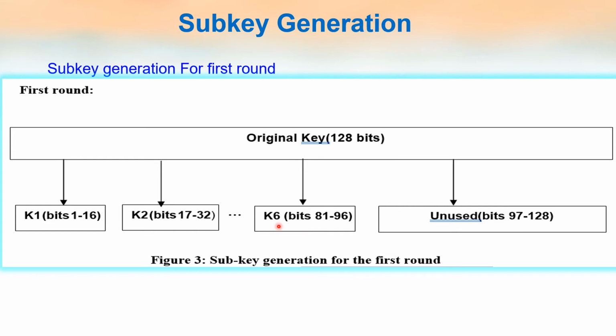So 6 into 16 is 96. Up to 96 bits is used for the first round, 6 subkeys. The remaining bits, 97 to 128, 32 bits, are 2 keys that can be given to the second round.